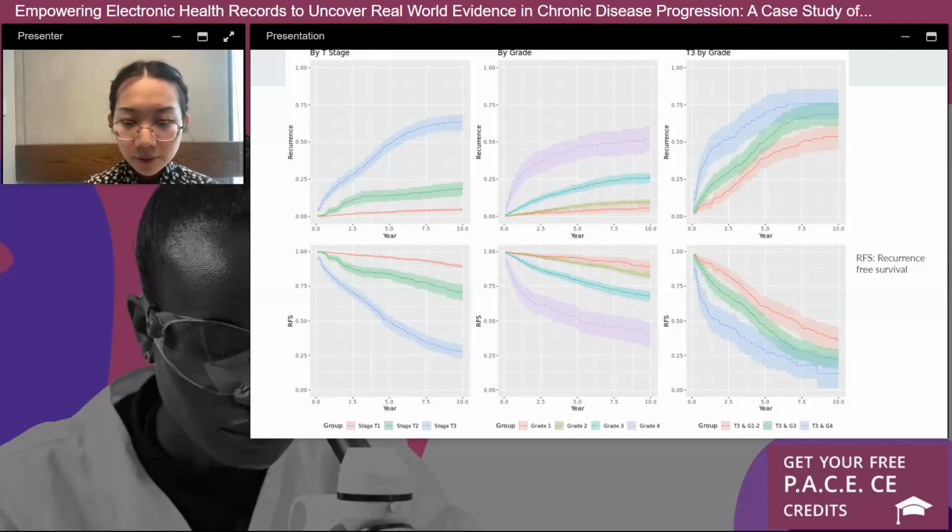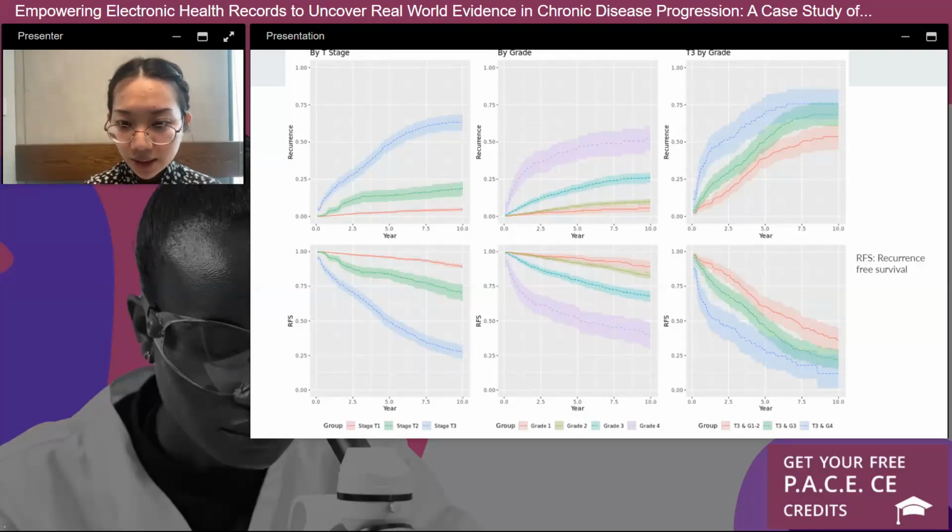For instance, the blue line refers to the T3 stage, the green line is the T2, and red is the T1. So as you can see here, you will see a consistent increase of the accumulated recurrence rate for the patient having a higher T stage, right? So you can also observe something similar in terms of the grades, right?